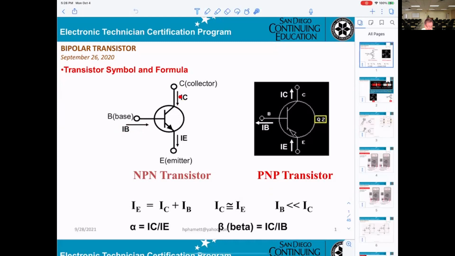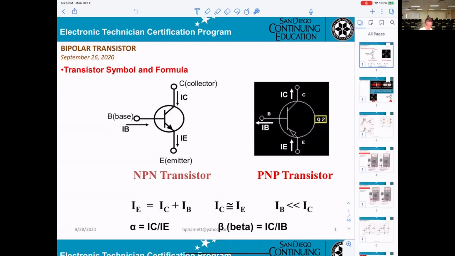IC, the collector current, and IE, the emitter current. So for NPN, IB is coming in, IC is coming in, IE will be leaving. So that's why you get the formula: IE equals IC plus IB.